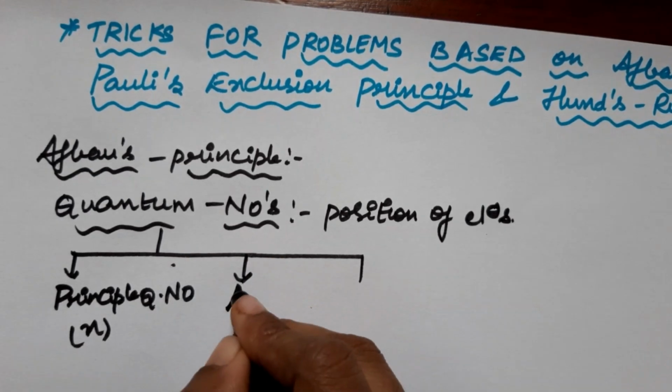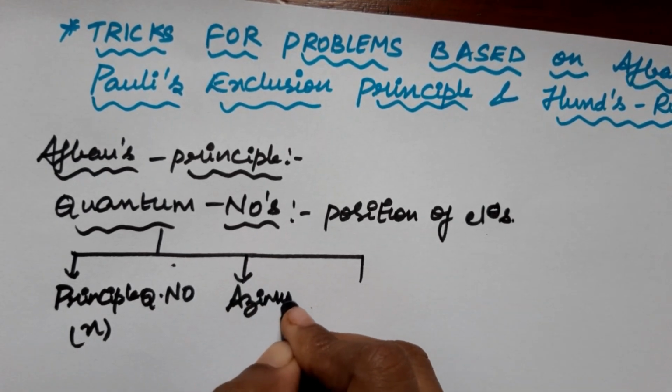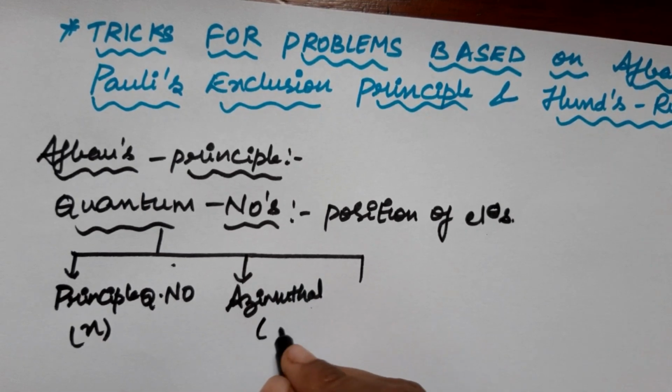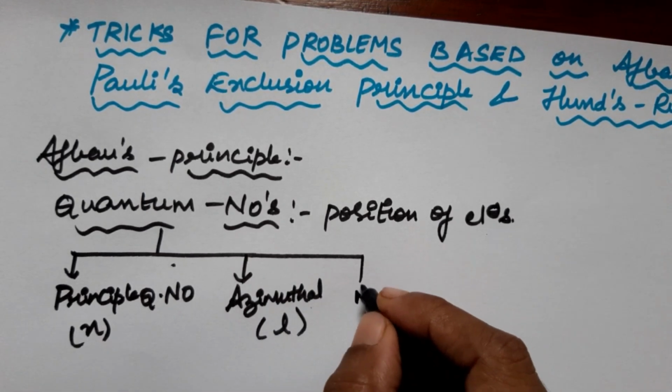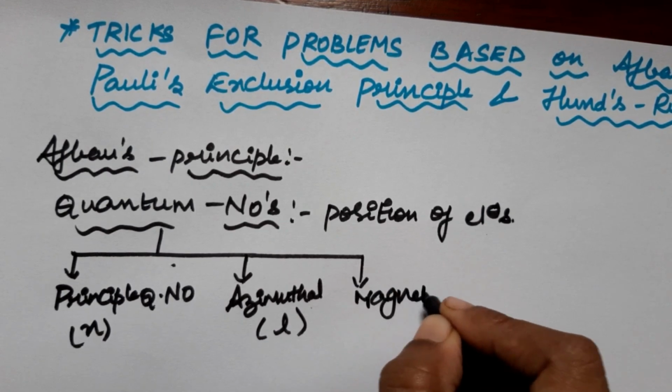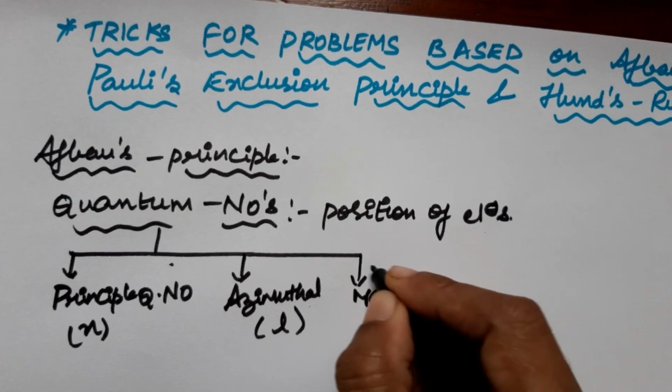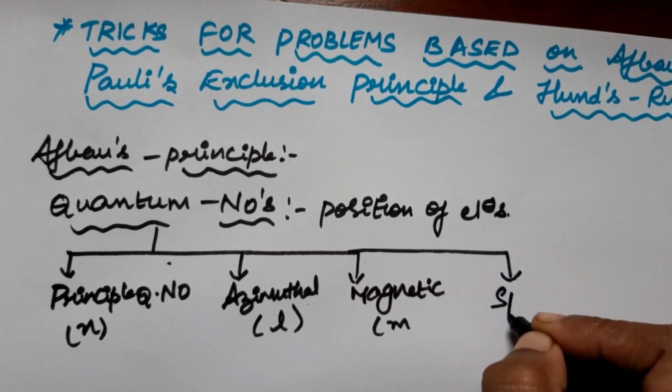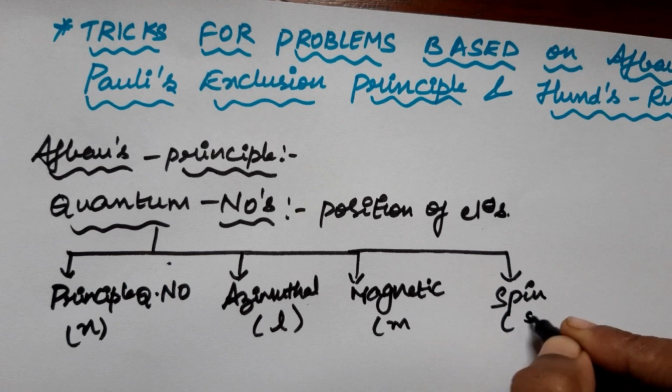The second one is the azimuthal quantum number, which is denoted by l. The third one is the magnetic quantum number, which is denoted by m. And the fourth one is the spin quantum number, which is denoted by s.